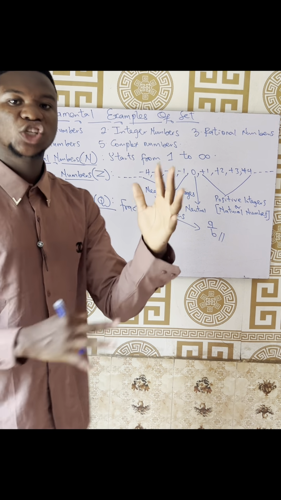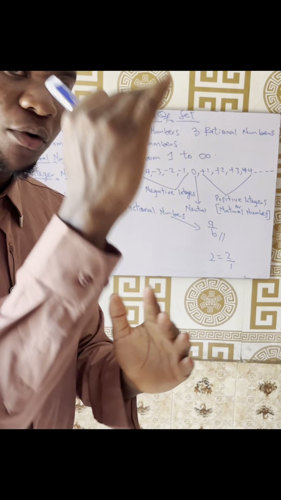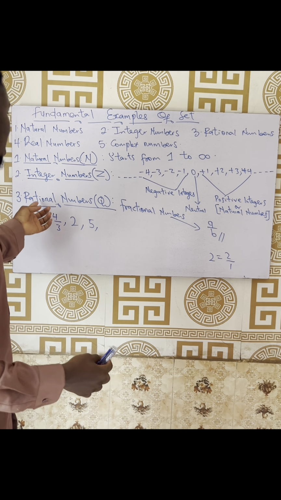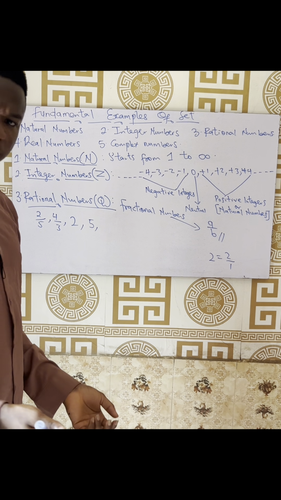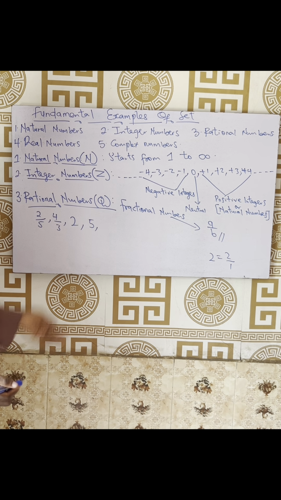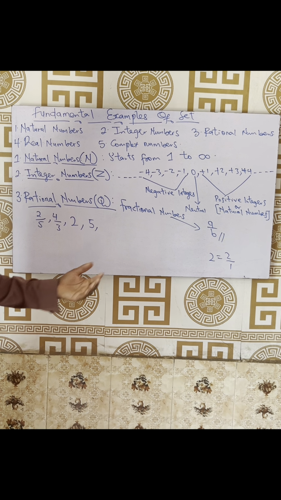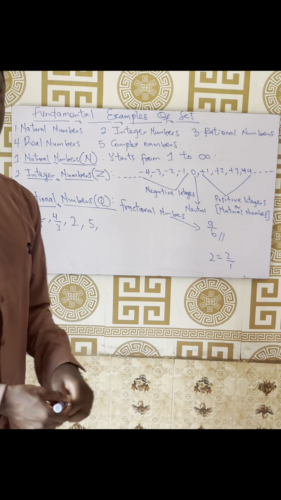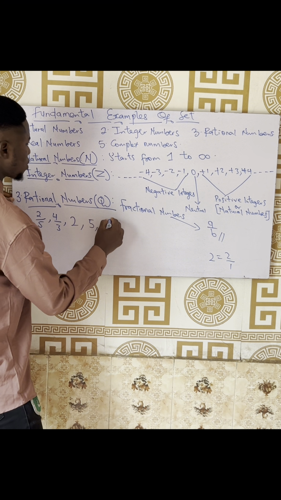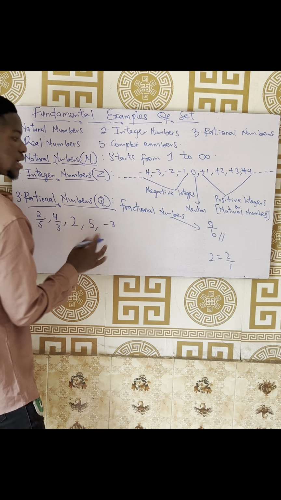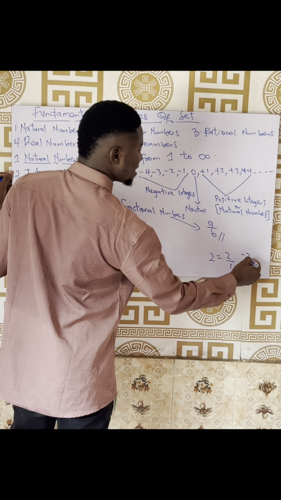For example, 2 is an integer number. We can write it in fractional form, as 2 is the same thing as 2 over 1. So any number that can be written in fractional form can be referred to as a rational number. So 2 is a rational number. 5 is also a rational number because it can be written in fractional form.